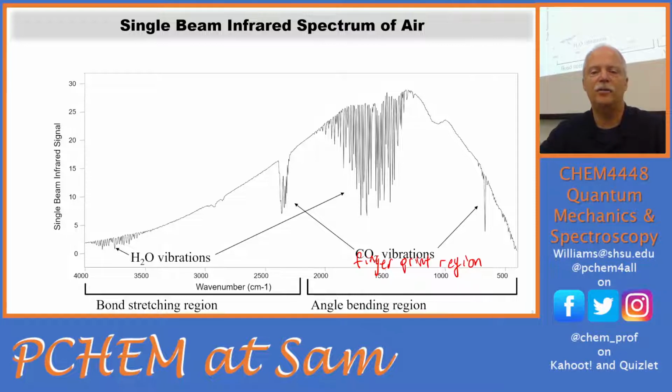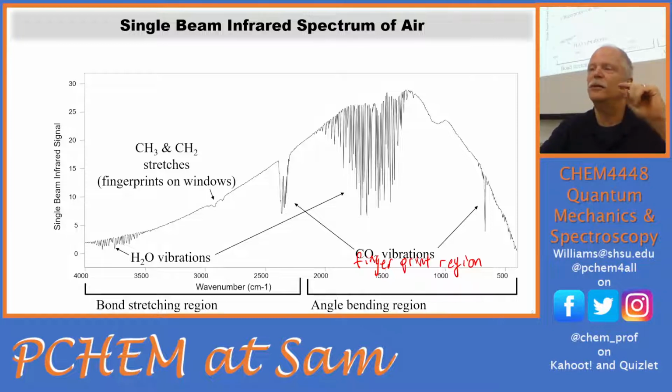Again, this is air, so we have moist air, we have CO2 in air. And in this right here, those little bumps, notice they don't show real fine lines. It's because those are fingerprints on the windows of my spectrometer. So it's very sensitive. Maybe one fingerprint will give you that much signal. So that's just some contamination there.